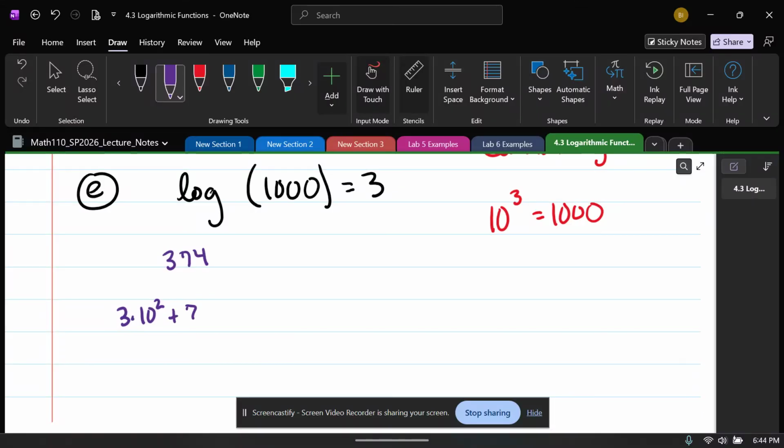The 7 is in the tens digit, so that's 10 to the first power. The 4 is in the ones digit, that's 10 to the 0 power. So that's the base 10 number system. Log with nothing written there is understood to be a base 10. Okay, so base 10 is the number system we live in.